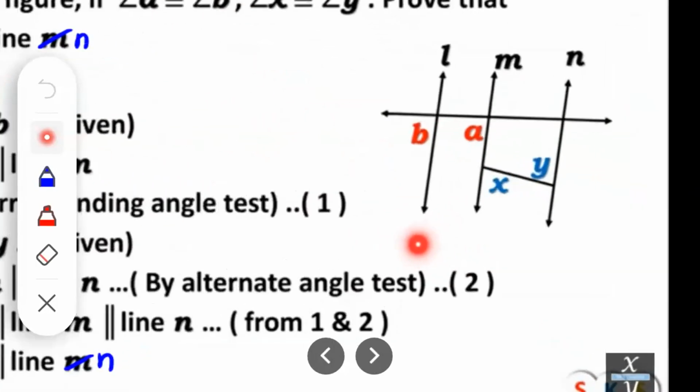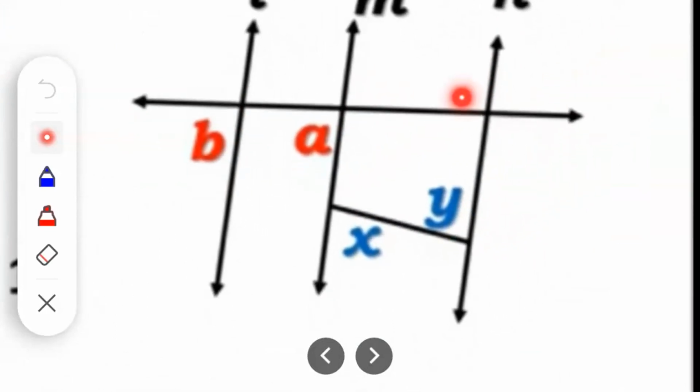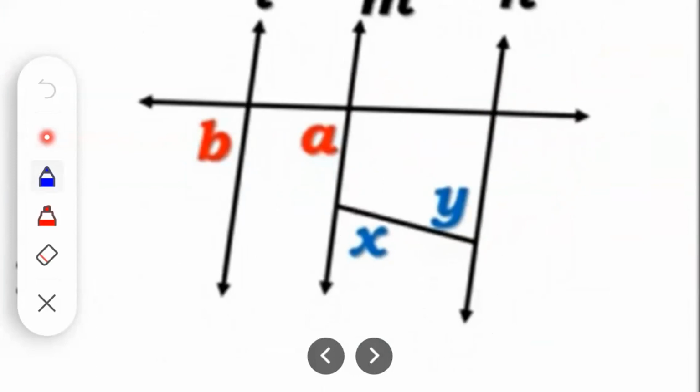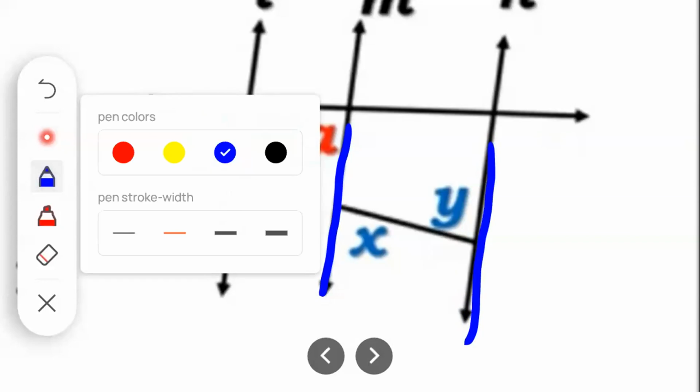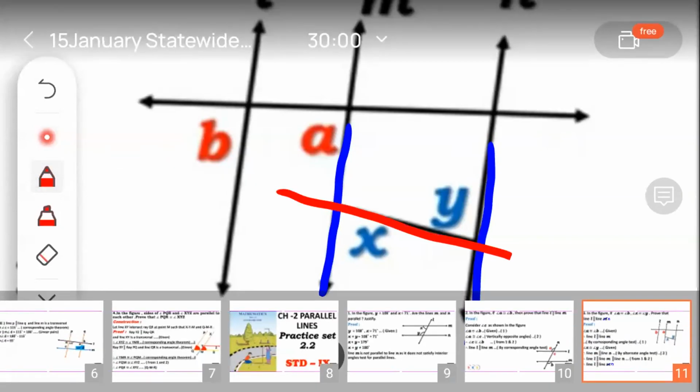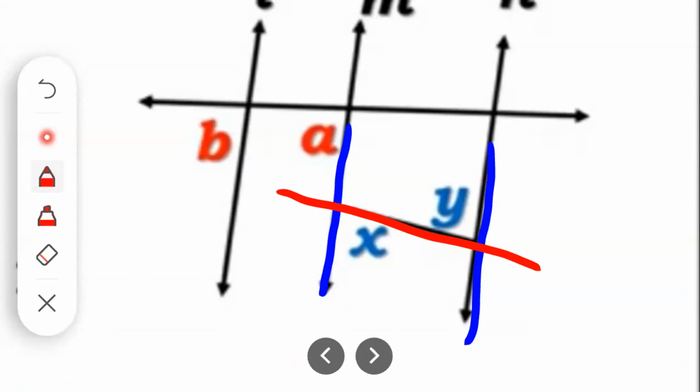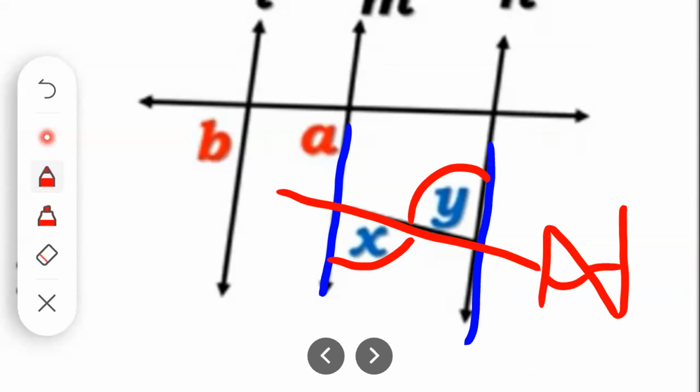For that, see here. If those are two parallel lines, and this will be their transversal, then those two angles are alternate angles, the symbol Z. And if the alternate angles are congruent to each other, then the given two lines are parallel.